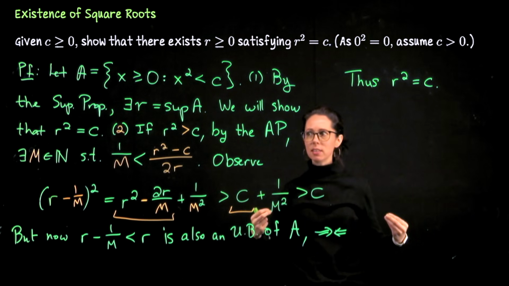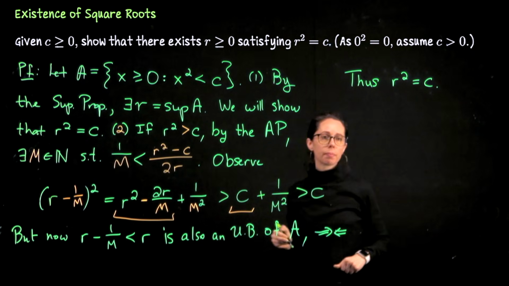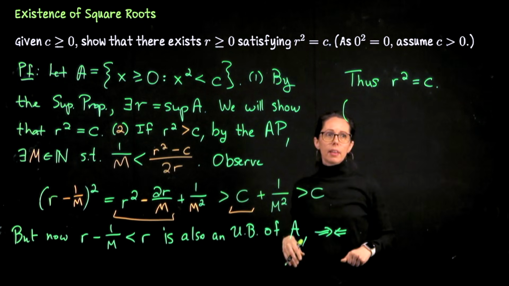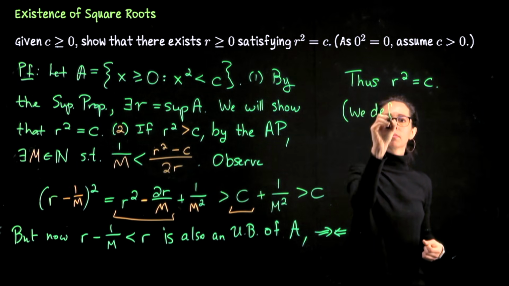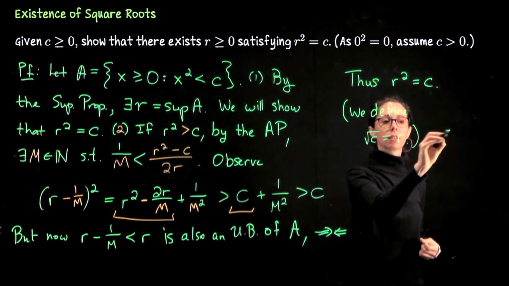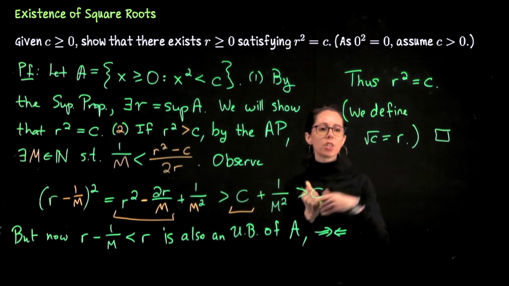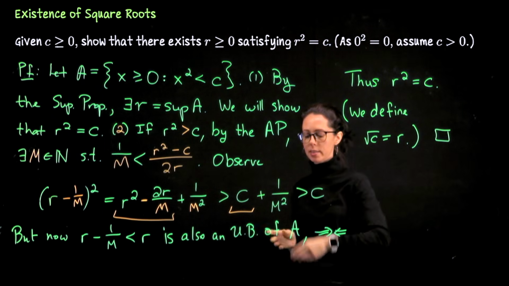That number exists. So this r exists, and its square is c. That's how we define the square root of c. So this notation here means the non-negative number whose square returns you back what's inside the square root.